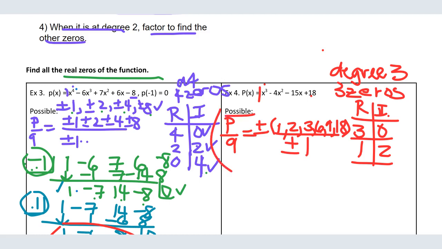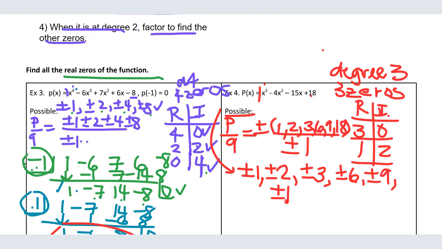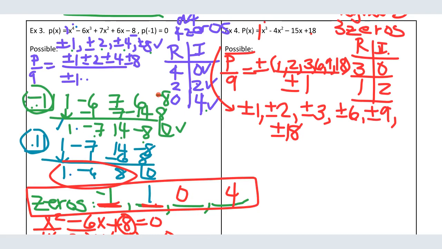So if we divide, we get the possible zeros to be positive or negative 1, positive or negative 2, positive or negative 3, positive or negative 6, positive or negative 9, positive or negative 18. That's a long list of possible rational zeros to try. So hopefully you get one that works. And I always try to start with 1 or negative 1.